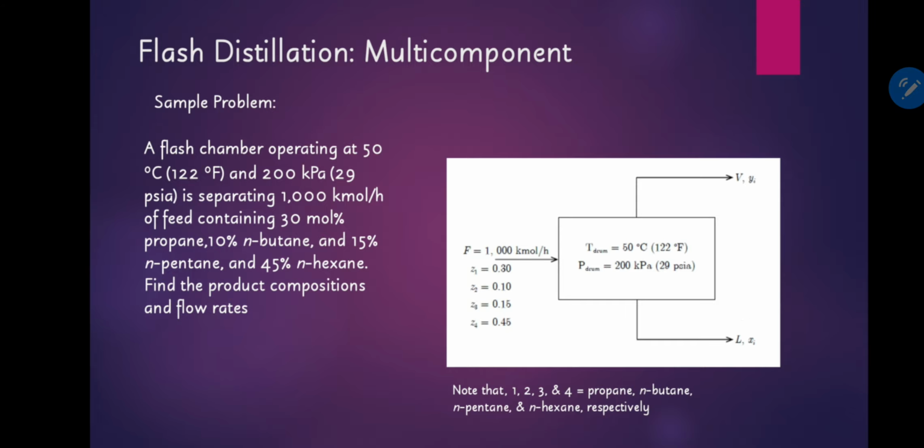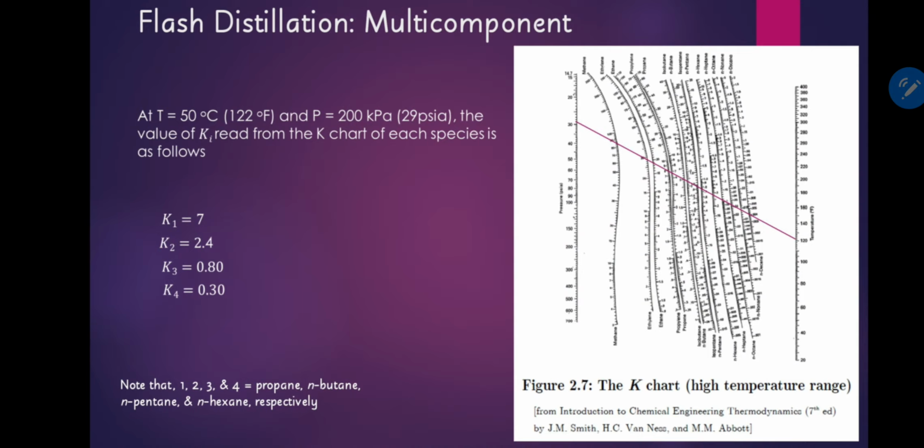So what did I say earlier? We first need to get the values of K for this. So we make use of the DePriester chart or the K chart. You locate 122 degrees Fahrenheit on the right side, and 200 kilopascal or 29 psi on the left side.